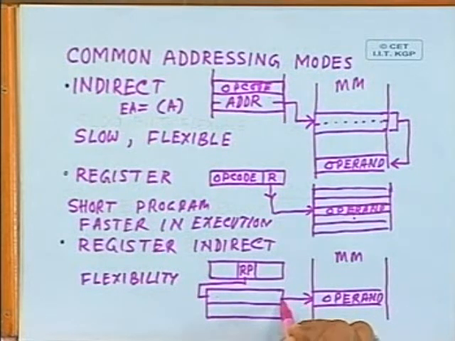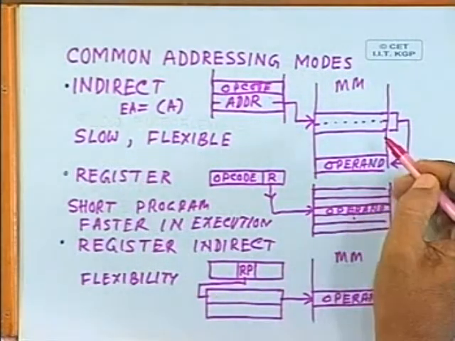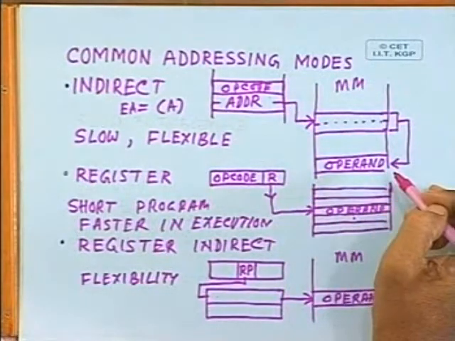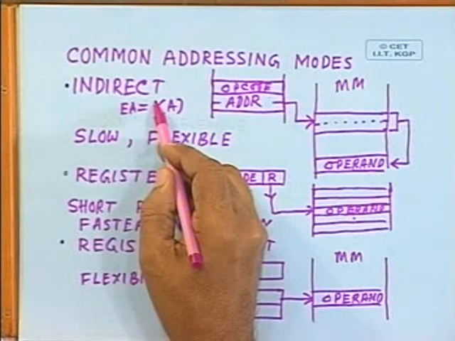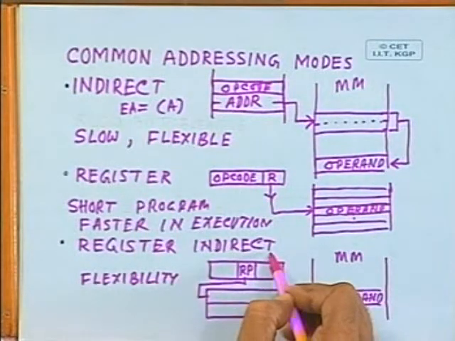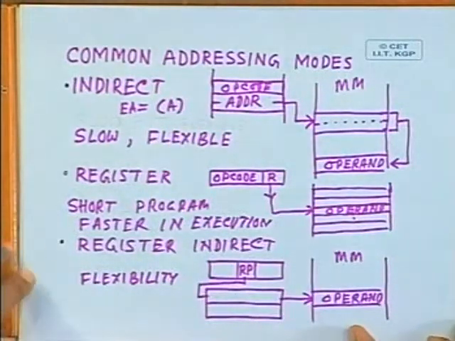Then you can straight away get the address of the operand. So you are getting the flexibility at a very low overhead, whereas high overhead is associated with indirect addressing. That's why register indirect is preferred over indirect mode of addressing by the programmers.